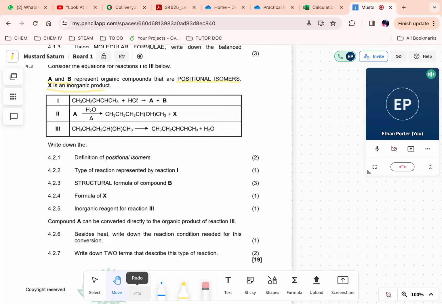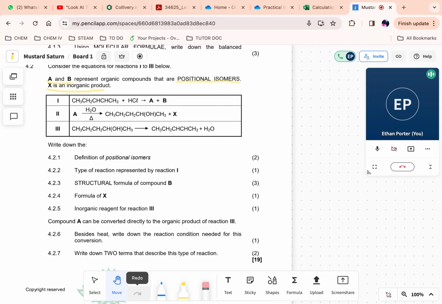Positional isomers are pretty much the same compound, except, for example, you can have 1-butanol or 3-butanol. Technically, one is a tertiary alcohol and one is a primary alcohol, so they have very different properties, but they are positional isomers in that they have the same molecular formula, but the OH group is positioned in different places.